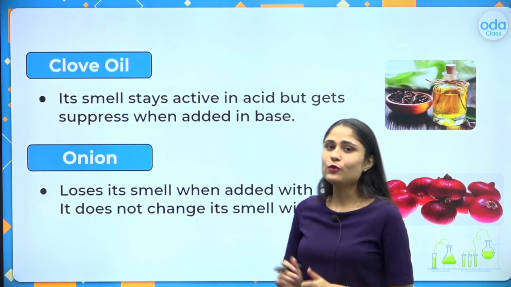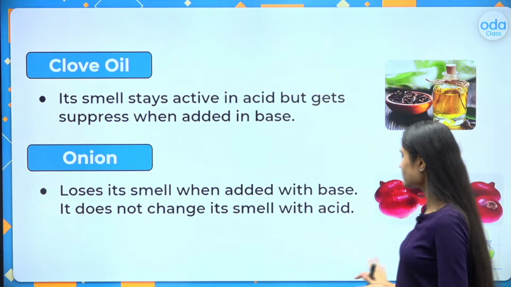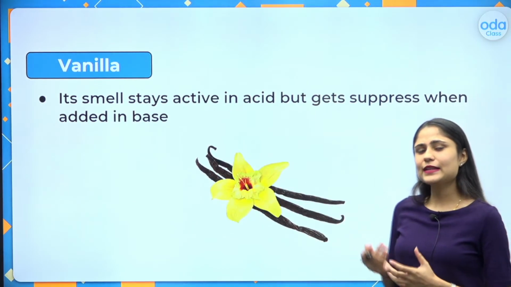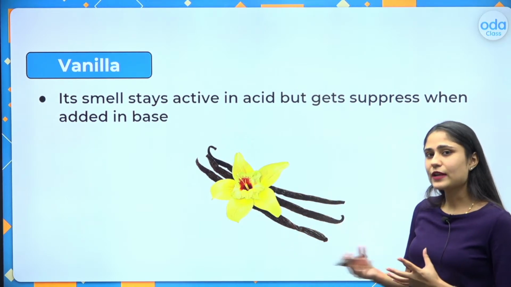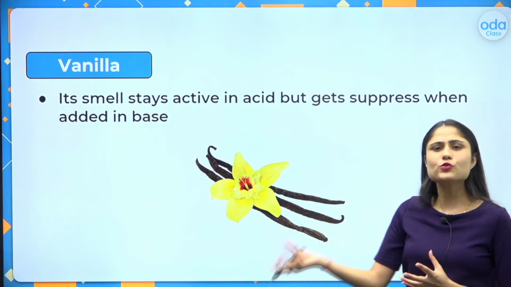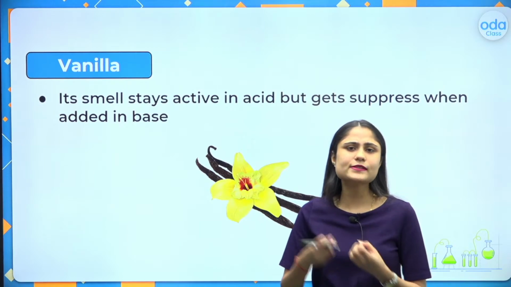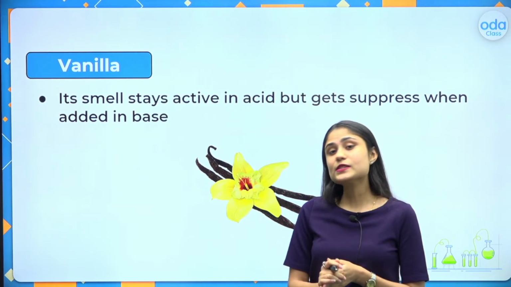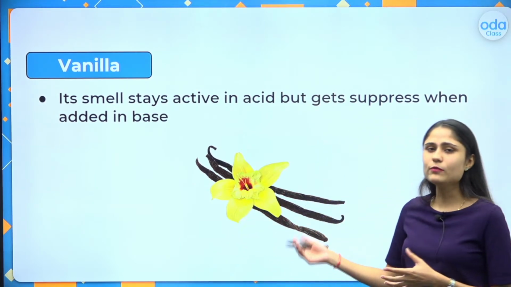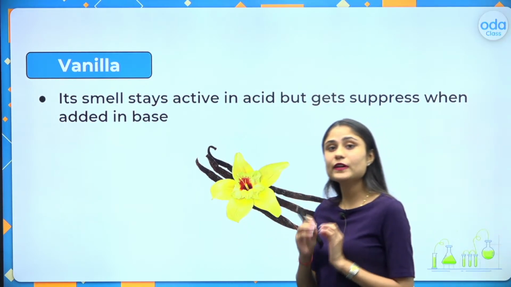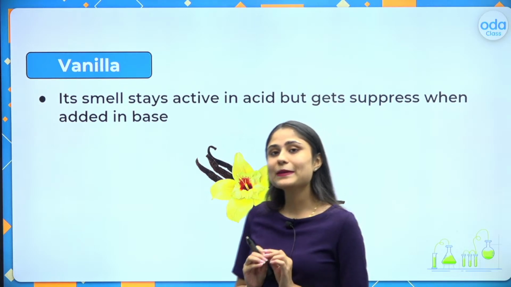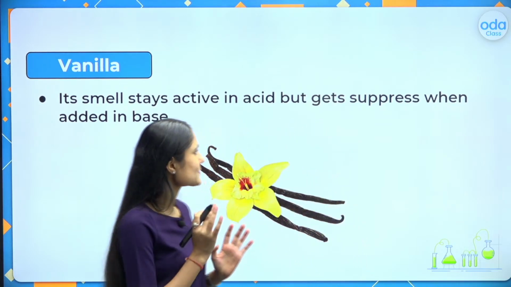Right, now we learn about vanilla. Vanilla is actually a plant, a flower, and the vanilla flavor that we usually have in our chocolates, ice creams, all of those things, is usually extracted from a plant base. Now, the vanilla smell will remain active in the acids, right?